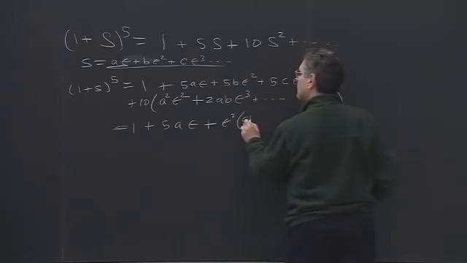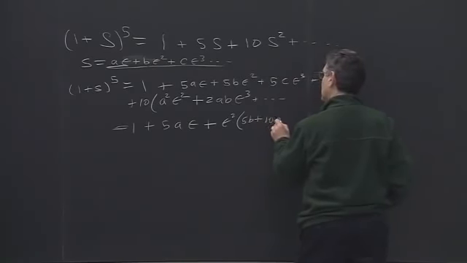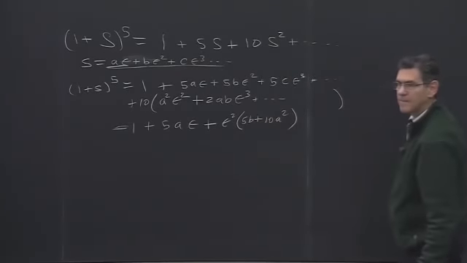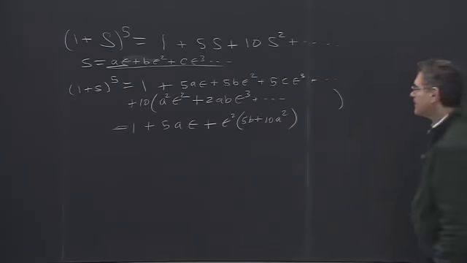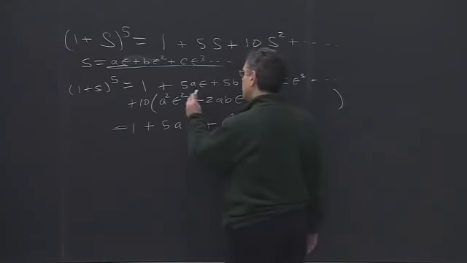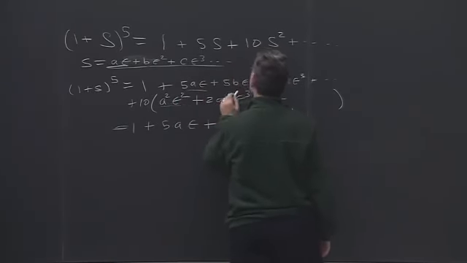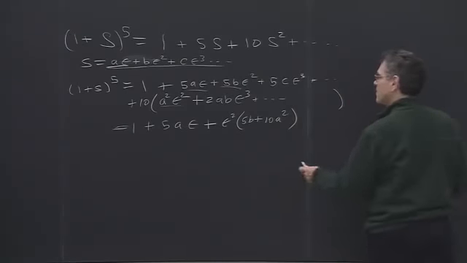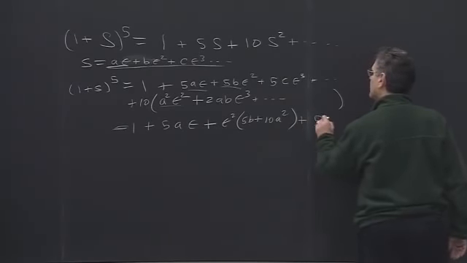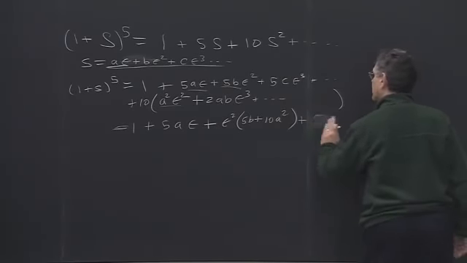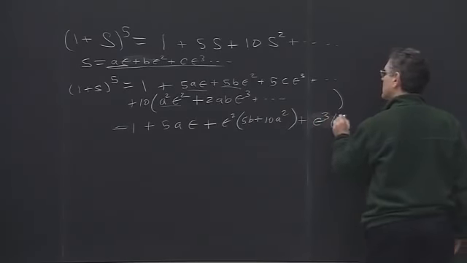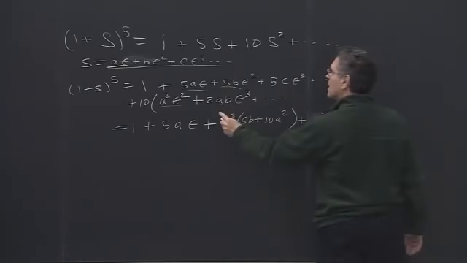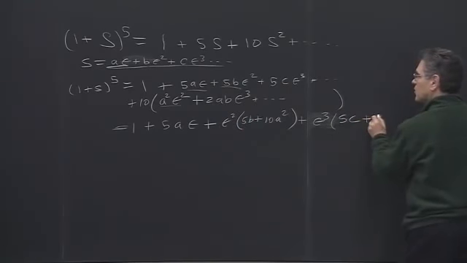There is a 5B plus a 10A squared. Okay? And I don't know whether we have the strength to keep going, but maybe. Okay, then we have epsilon cubed times 5C, and then plus 20AB.